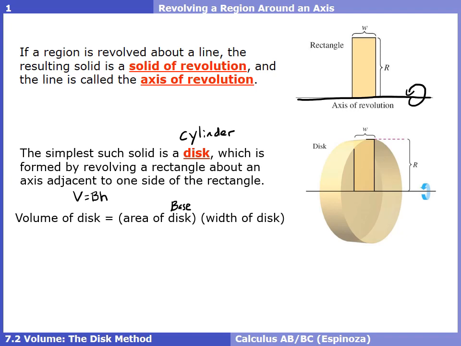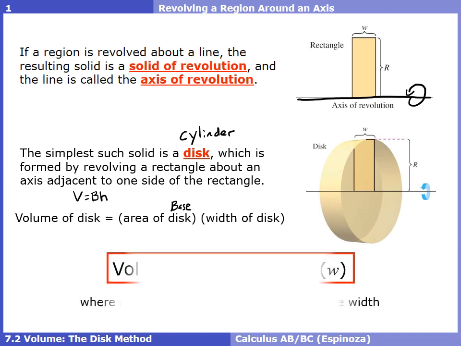The radius of the disk I'm going to call big capital R here, and the width of the disk I'm going to call small w. There's actually a reason I'm using capital R. I know we're used to lowercase r, but note that I'm using capital R on purpose, because a little later we're going to need lowercase r for something else.